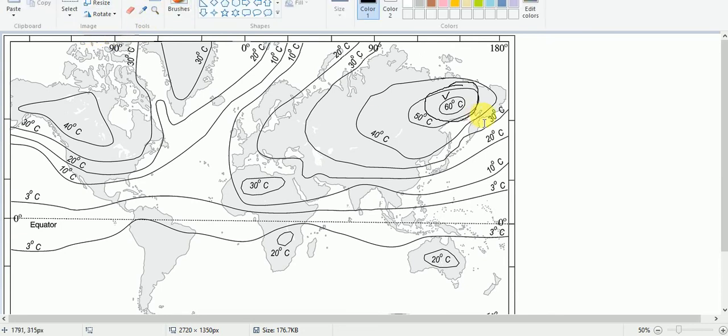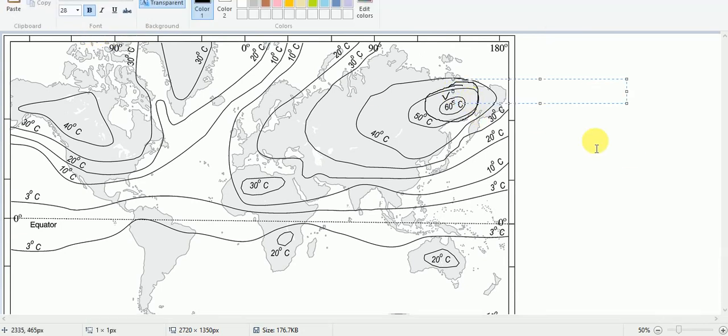Remember this is northeastern Eurasia, that is Siberia. Here we have one place called Verkhoyansk, recording the lowest temperature on earth. This is northeast Siberia.